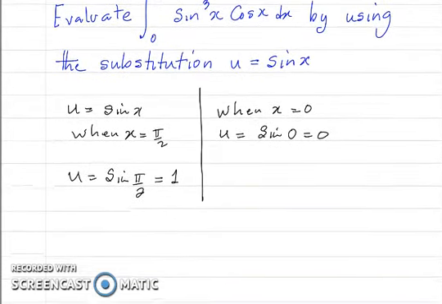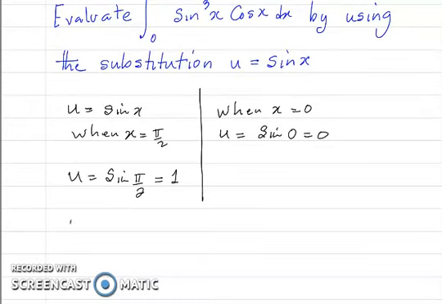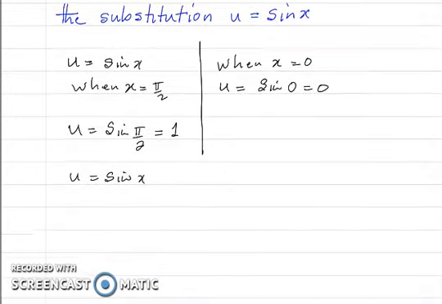I have u is equal to sine x. So du by dx, differentiate sine to get cos, is cos x.